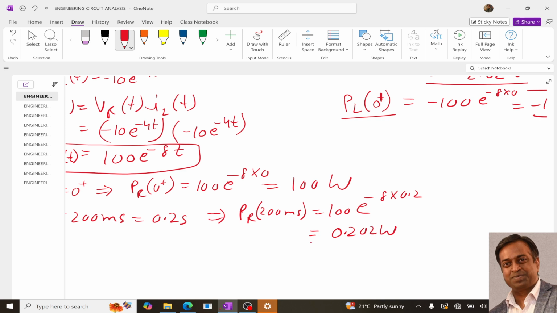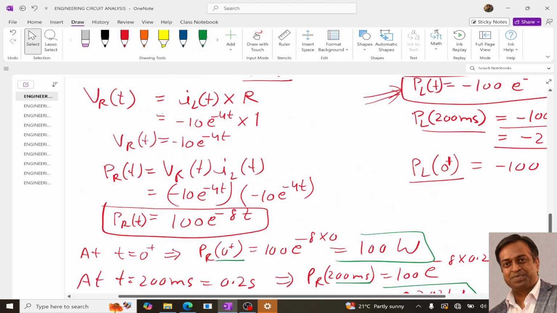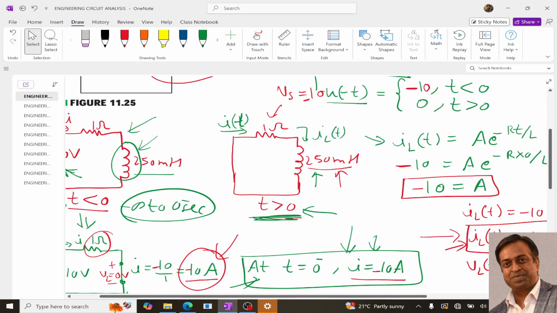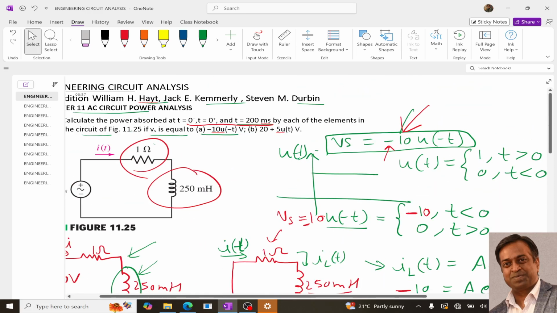So these are the three answers: at 200 milliseconds, this is at 0 plus, and this at t equals 0. So these are the answers to the first part of the question.